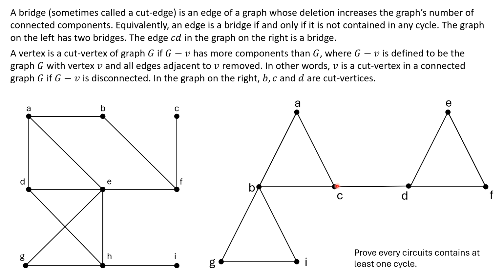Same thing for C. If you remove these three edges, then you would have this graph in here and this triangular graph here. And the same thing for D. You would have just this edge as one graph, and then all of this here is the second graph. So you have three cut vertices in this graph on the right.